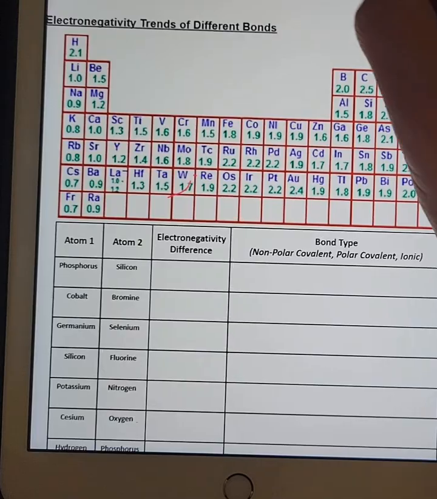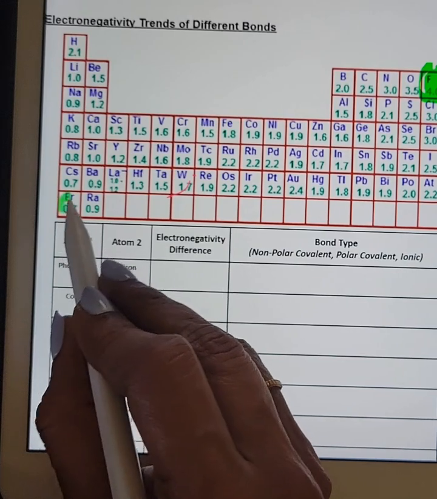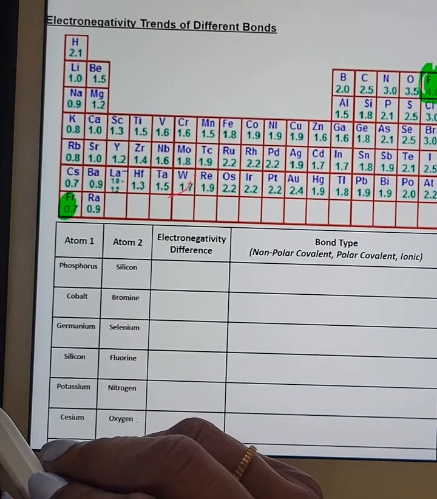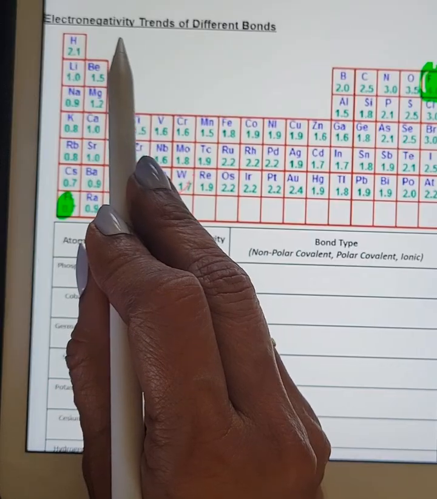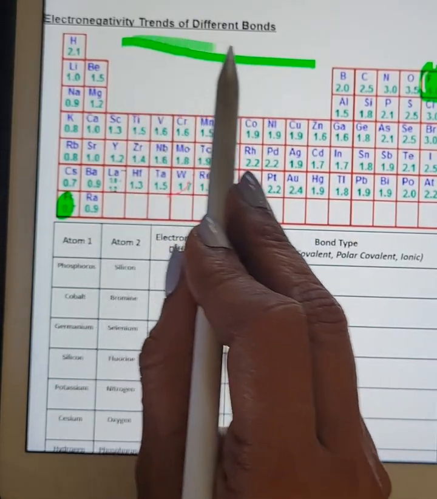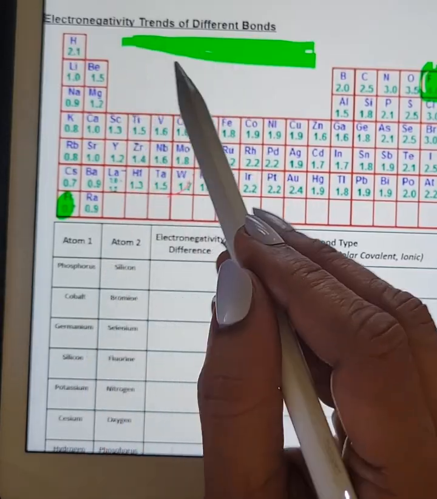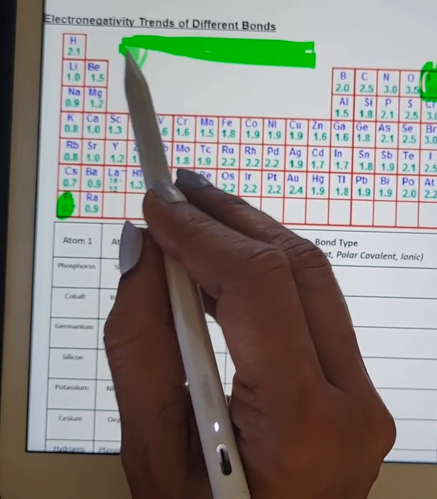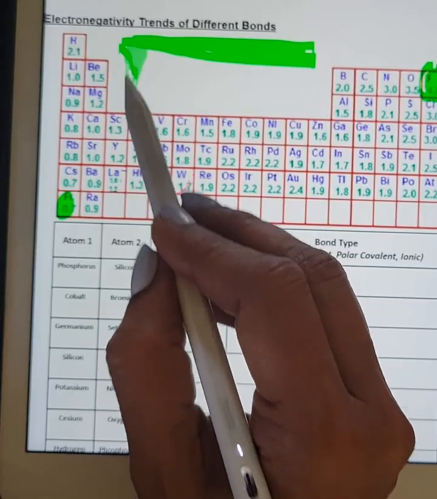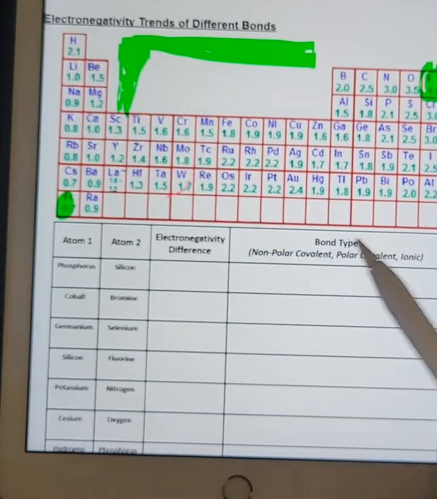We can see fluorine has the highest electronegativity and francium the lowest, because when you go to the right, electronegativity increases, and when you go to the bottom, the value decreases. That's the trend we learned in periodic trends.